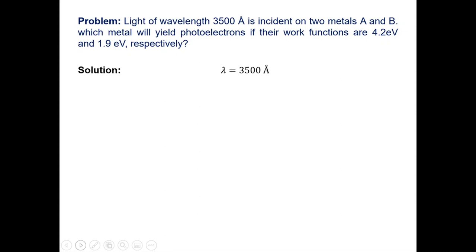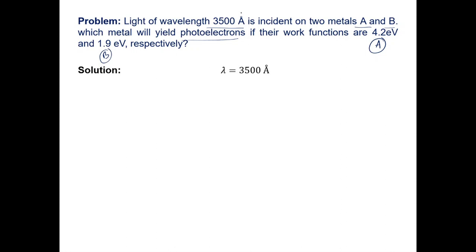Now you have a light source of wavelength 3500 angstroms, which is incident on two metals, A and B. Now you have to basically find which metal will yield a photoelectric effect, or basically which metal will eject these electrons or photoelectrons. Now the work function of metal A is 4.2 electron volts and metal B is 1.9 electron volts.